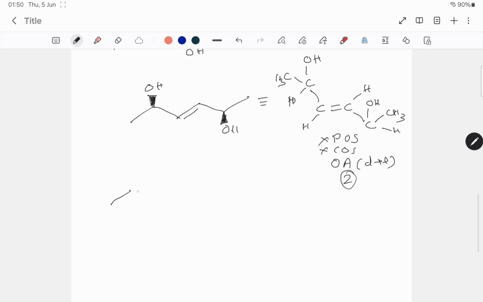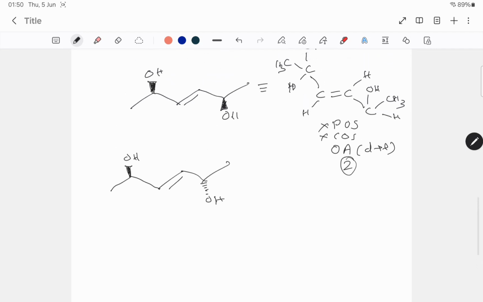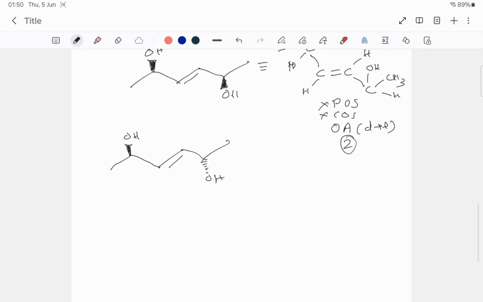Now keeping again the geometrical isomerism across the double bond trans, if we just consider this one, where the 2 H are both above the plane. Here one wedge is above the plane, another wedge is below the plane.